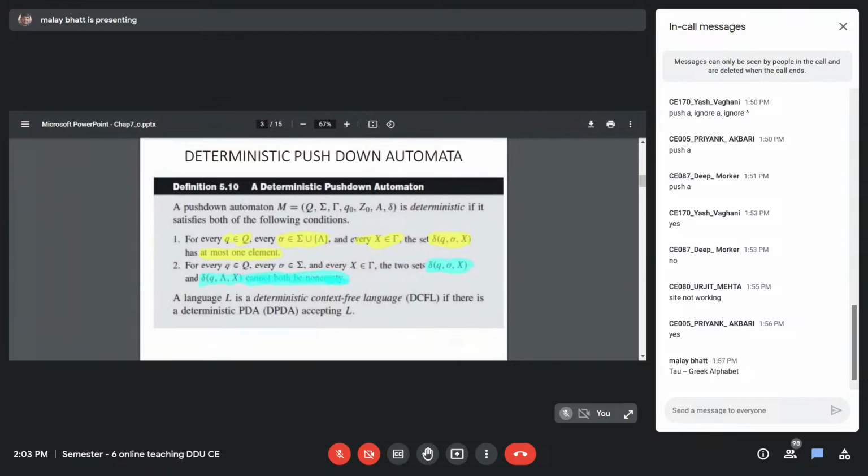If you look at the previous example which we have solved, we can clearly see non-determinism in the automata, in the general palindrome, because we have 3 different branches: push the symbol, ignore the symbol, and ignore the null. So definitely it is non-determinism. It is not a deterministic path, because we cannot have a unique single path.